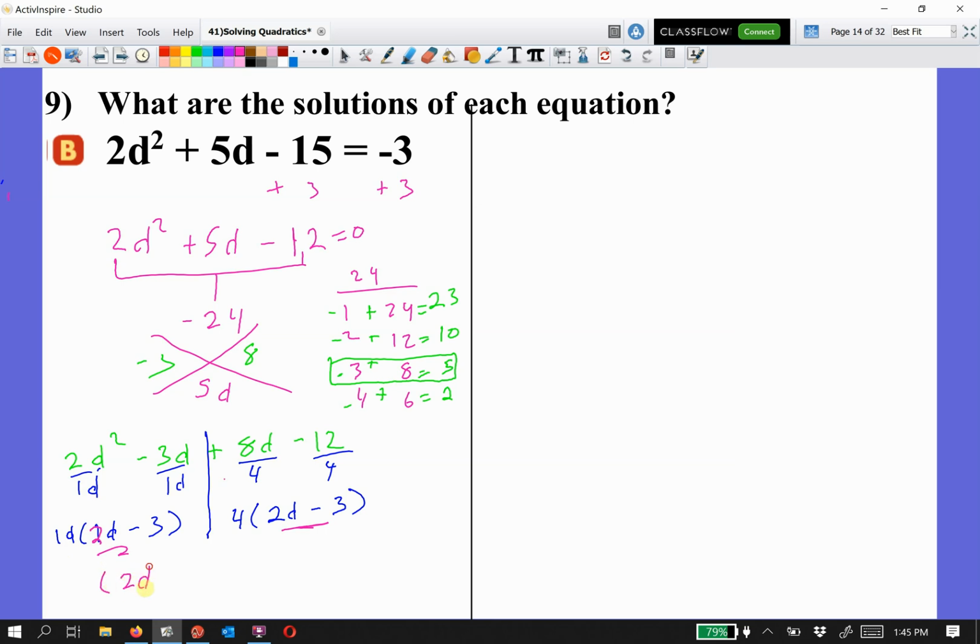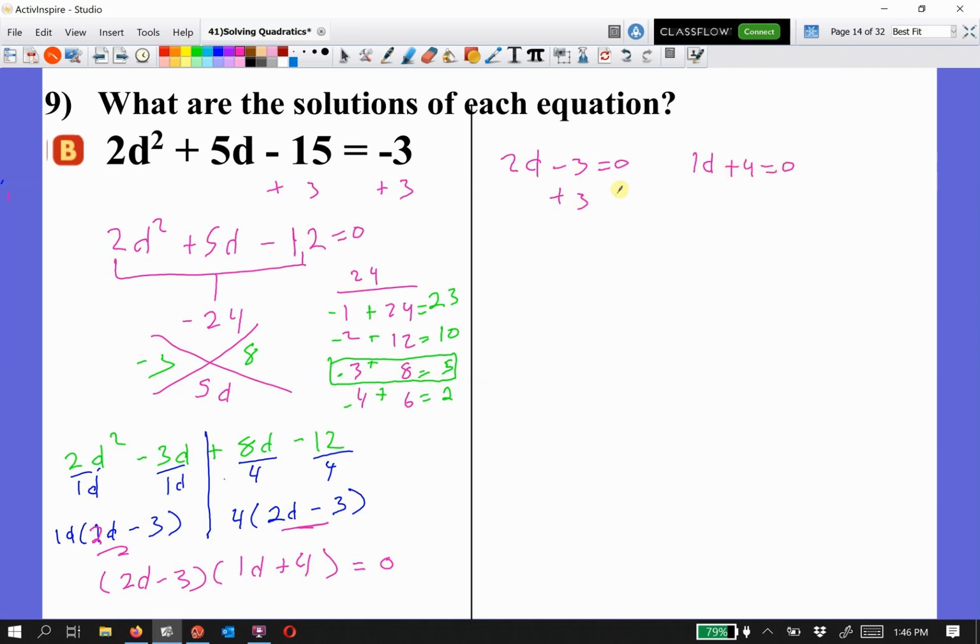So we have 2d minus 3. I have 1d plus 4. Excellent. The whole thing equals 0. So 2d minus 3 equals 0. 1d plus 4 equals 0.